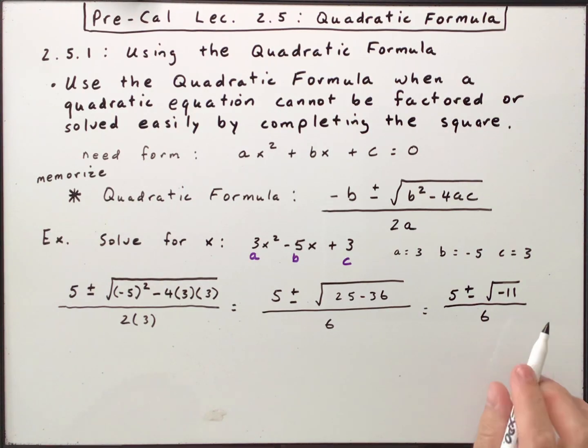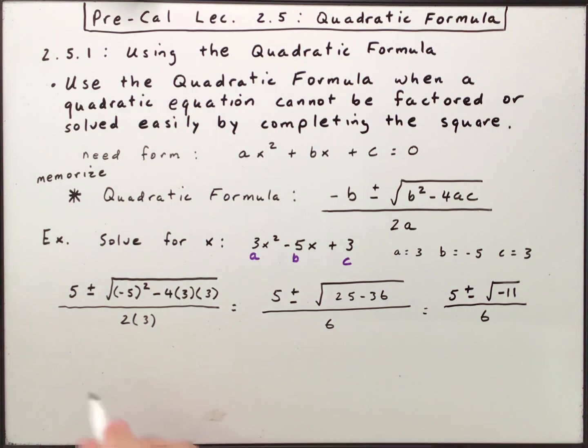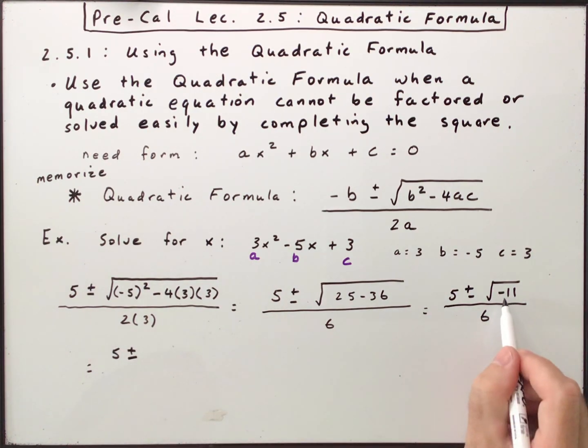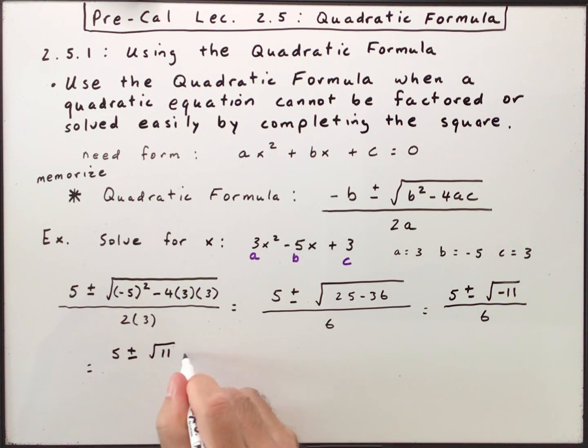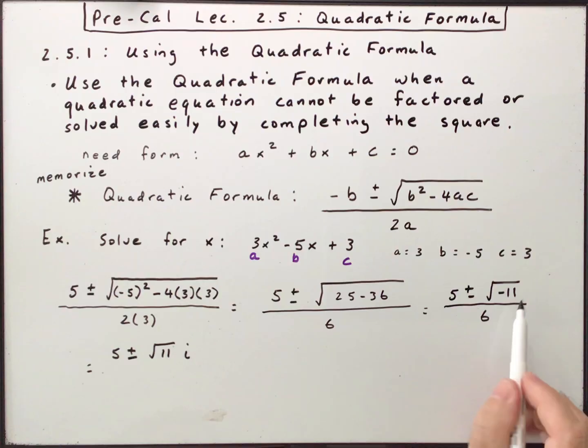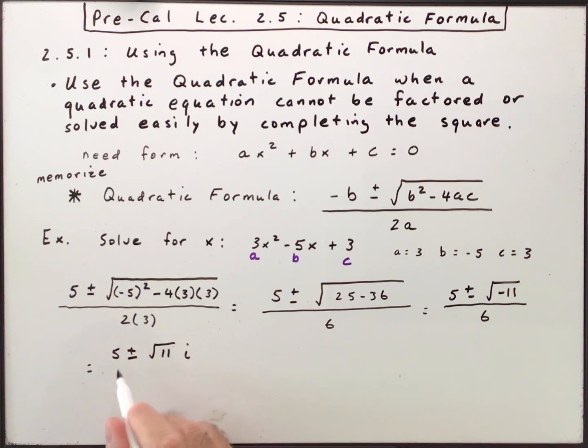So goodness, the first example I gave you has a complex answer. So that's going to be 5 plus or minus the square root of 11i. Remember, i is the square root of negative 1, so it's the square root of 11, all right, over 6.